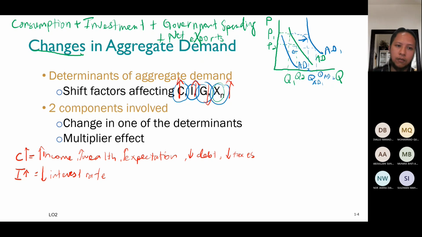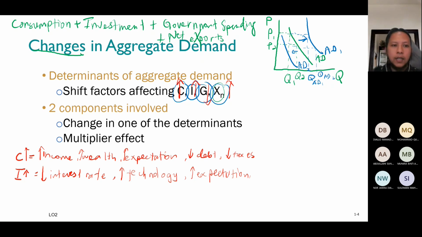When interest rates go up, investments go down. Or maybe there is an increase in technology that makes the cost of investment cheaper. Or there is a better expectation. So this will also increase investment, and there are other factors.